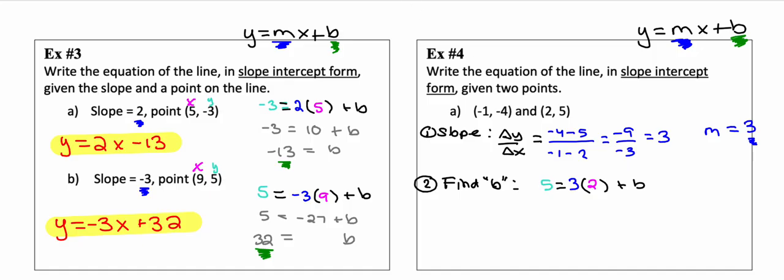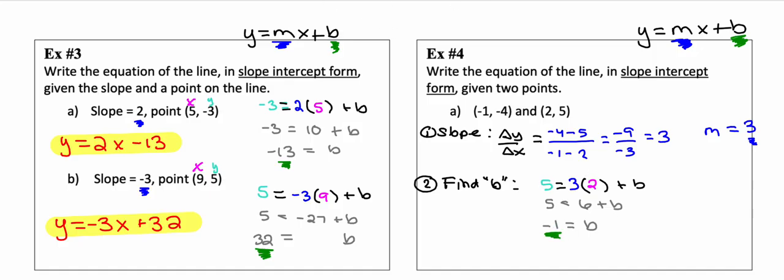I solve for b the same way I did over here on example 3. 5 equals 3 times 2 is 6 plus b. So I need to get b by itself, or 6 plus what gives me 5? Well, I know I need to go down, so 6 minus 1 gives us 5. So b has to be -1. Now we have our b value.